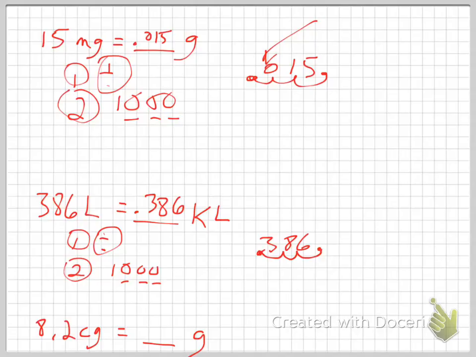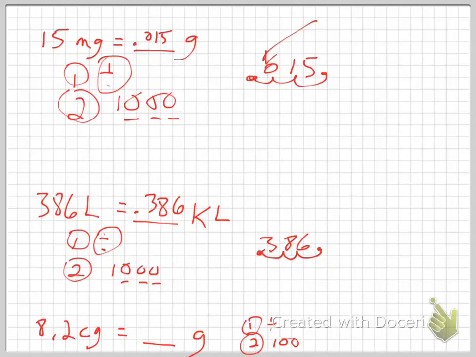This next one, a 1 and a 2, I'll do it over here. It doesn't have to be right below it. I have 8.2 centigrams. And I'm going to grams. Centi to gram. What does that mean? Is that small to big or big to small? Small to big again, which means divide again. How many centigrams are there in 1 gram? 100.